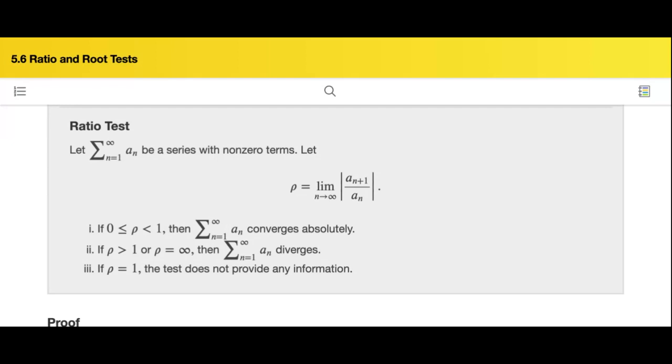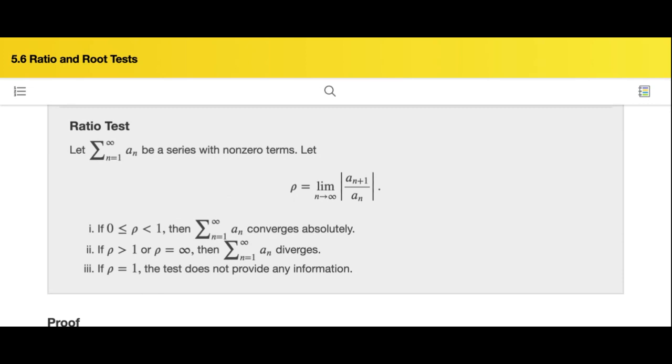If the limit equals infinity, that means the limit does not exist, so we can consider the two situations in one. As long as it's greater than 1, including infinity, the series diverges. If it's less than 1, it converges absolutely. That's the three parts. If it equals 1, it's inconclusive.